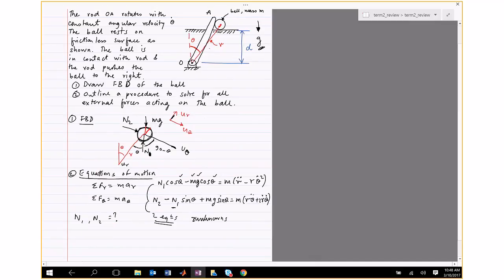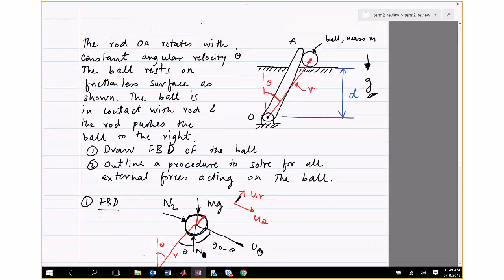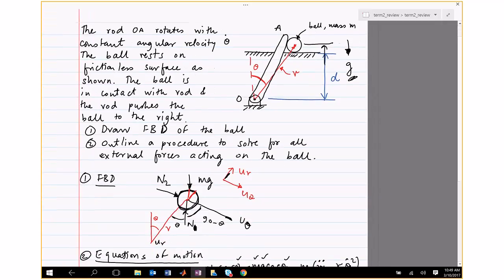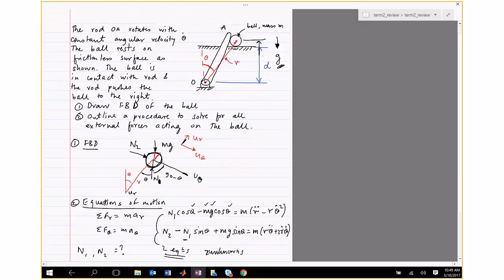So r, and, oh, okay, my bad. This should have been D. Okay, so that's D. It should be the point from 0 all the way to the point where I've shown r.